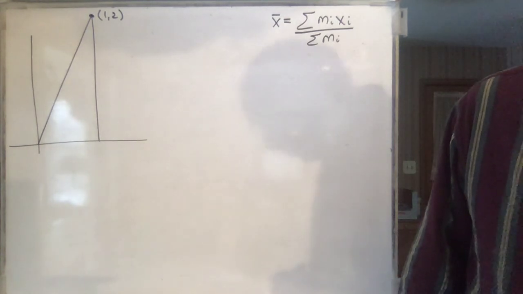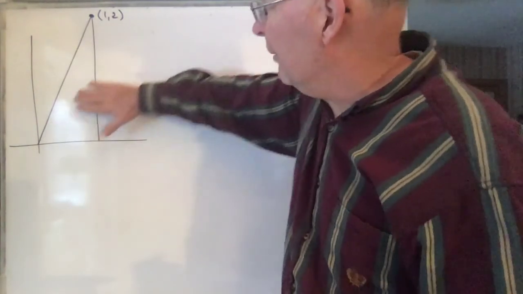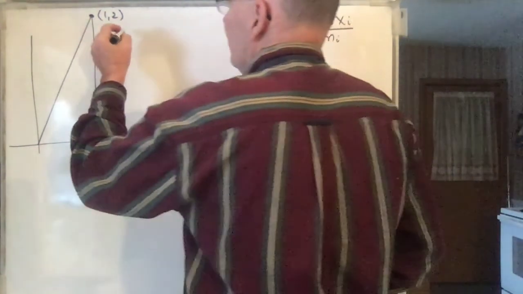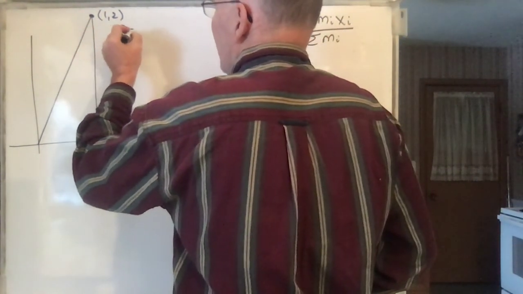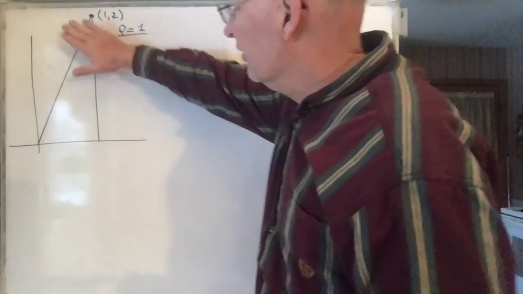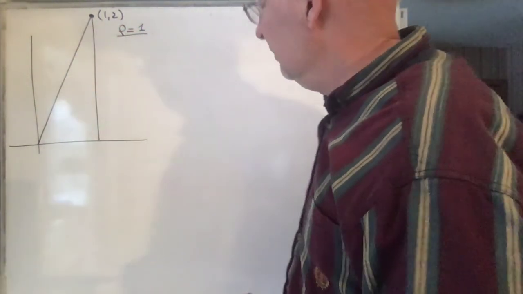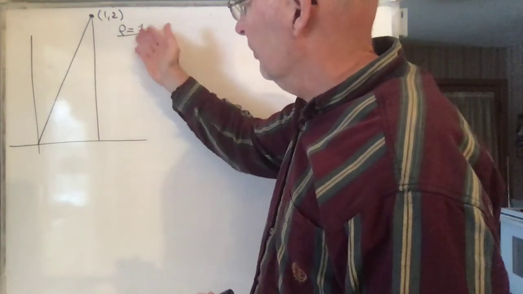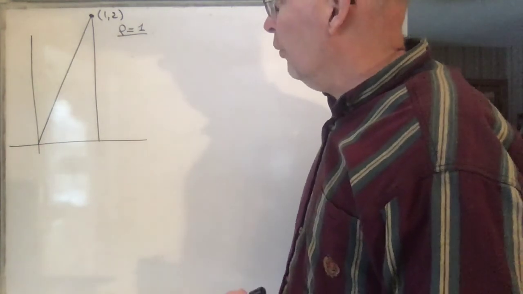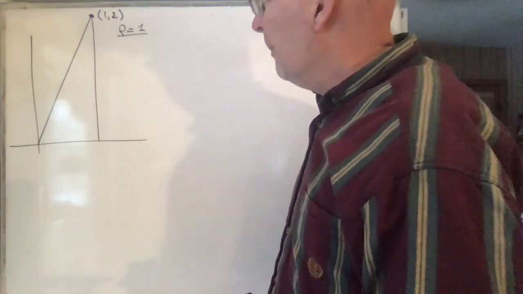And so think of this as a flat piece of tin, okay? And we'll assume that the mass density of this thing is 1. So in other words, it's made out of a uniform material, and just to make it easy, we'll just assume it's 1. And basically, same as before, we want to balance this thing.